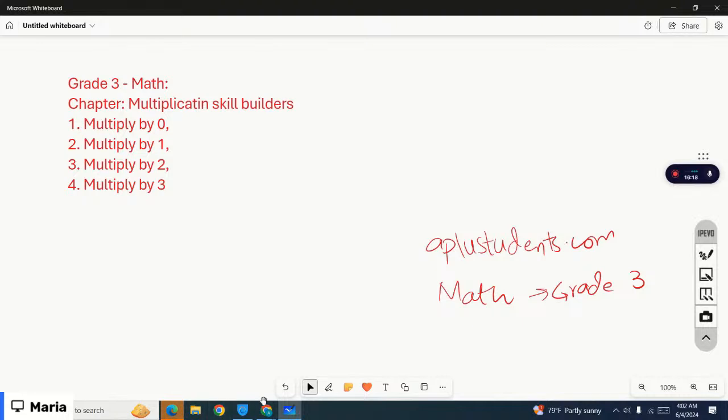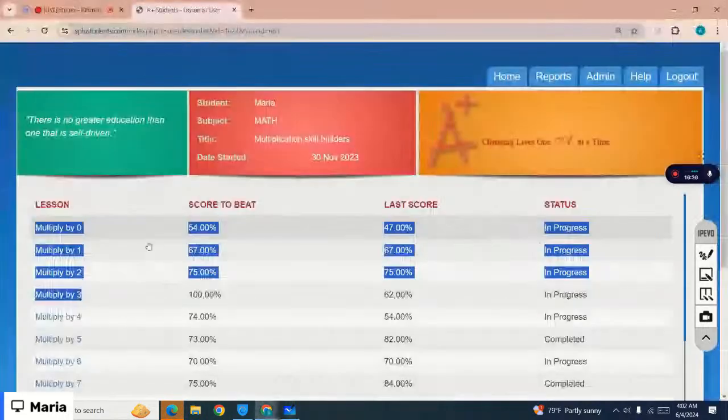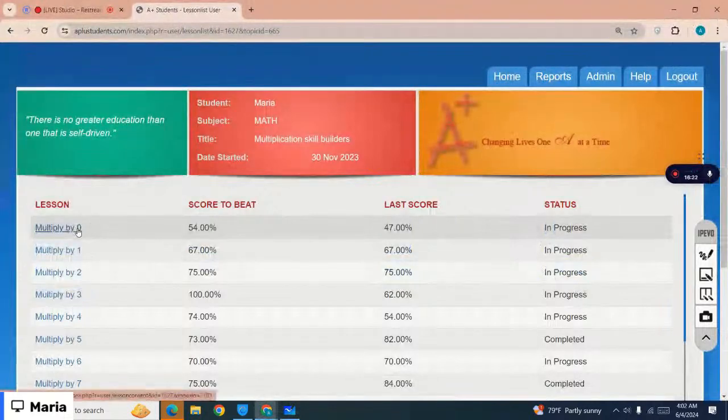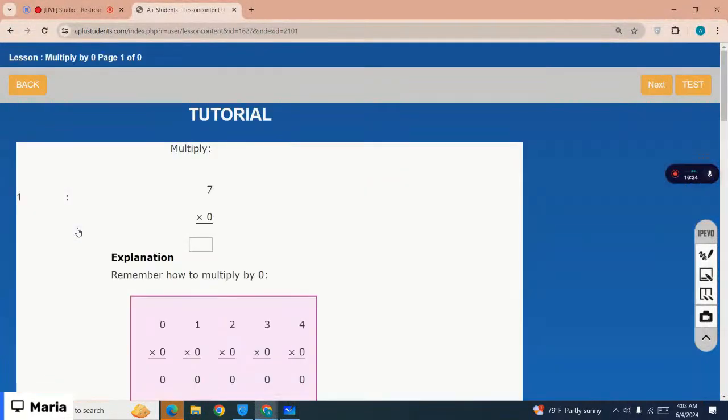Okay, here I am on grade 3 math. Let's just start with multiply by 0. So let's just start with the lesson. Seven times 0.